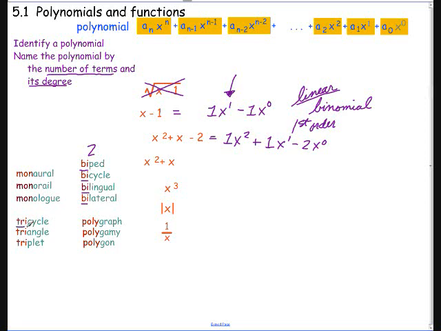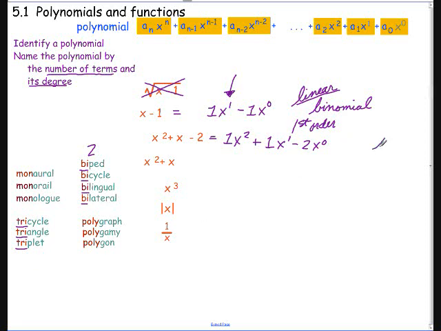Tri, right? We have 3 wheels, it's a tricycle. We have 3 sides or 3 angles, it's a triangle. We have 3 children born at the same time, 3 babies born at the same time, they're triplets.